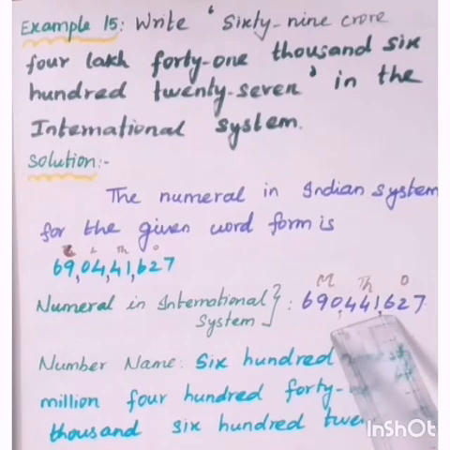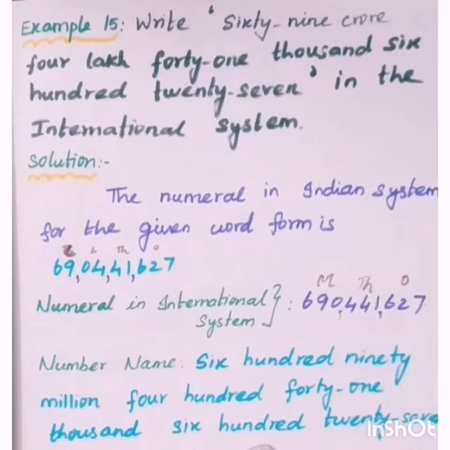At last 627. So you write 627. Like this we convert our Indian system number into the international system.